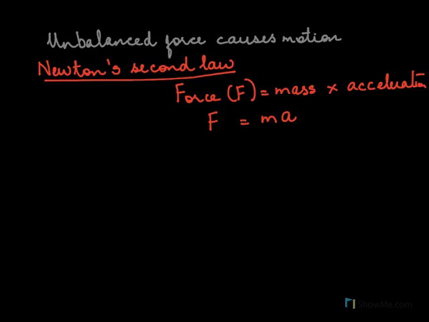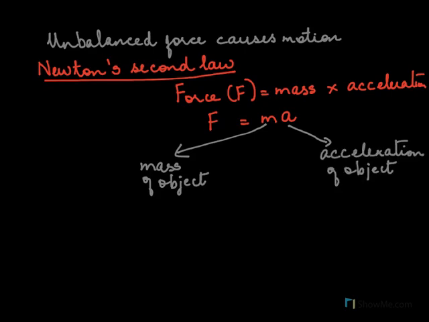The force acting on the body depends on two factors. One is the mass of the object and the second is the acceleration of the object. Thus we see that greater is the mass of the object, more is the force acting on it, and greater is the acceleration of the object, more is the force acting on it.